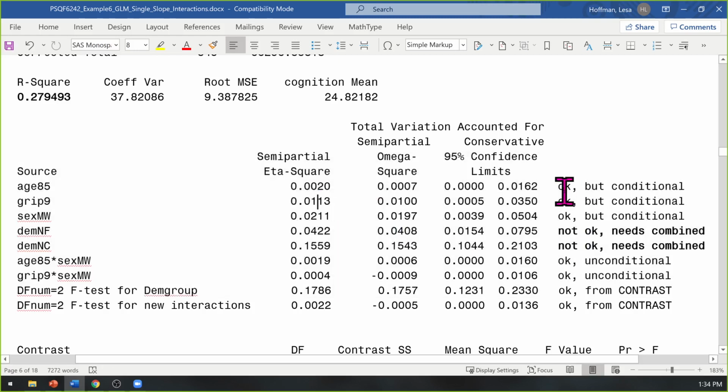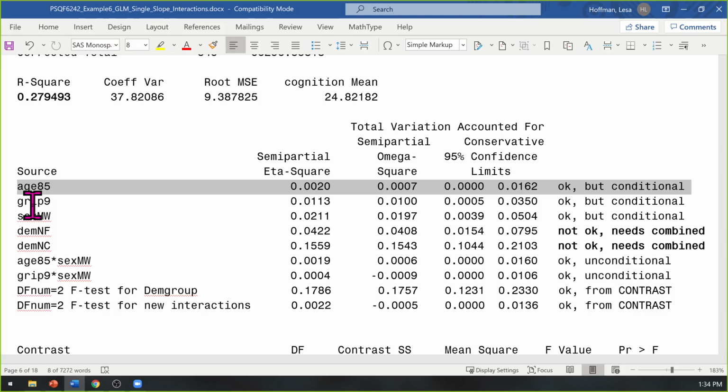So I have notes out here as to how to interpret these things. I have age, for instance, is responsible for a semi-partial eta square of 0.002, and I have a note that says that that's okay, but it's conditional. What that means is that this effective age is not just the effective age. Given the interaction terms in the model, this is the effective age specifically in men.